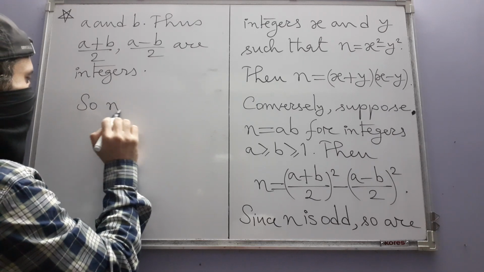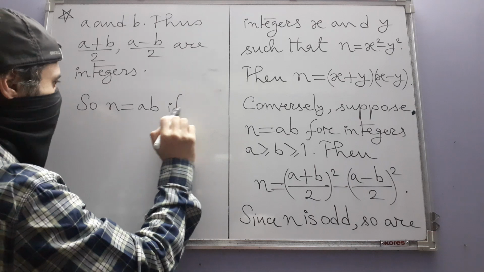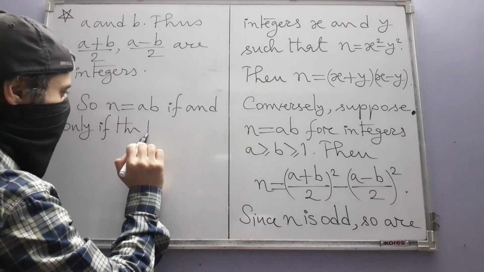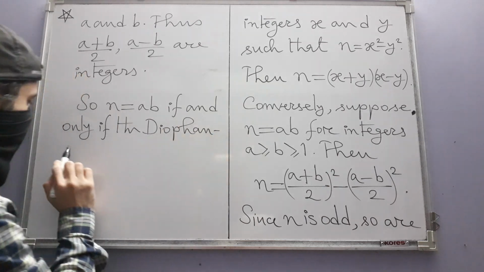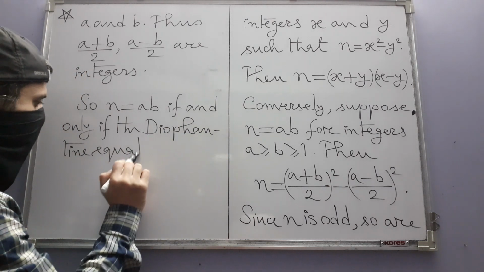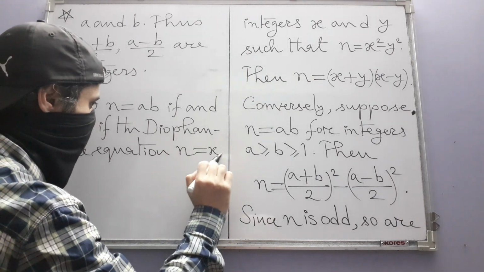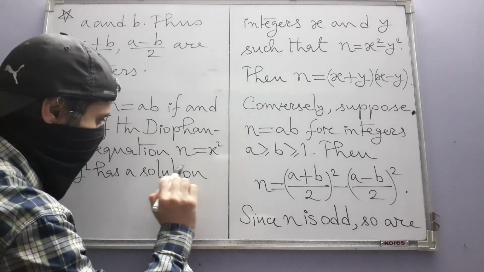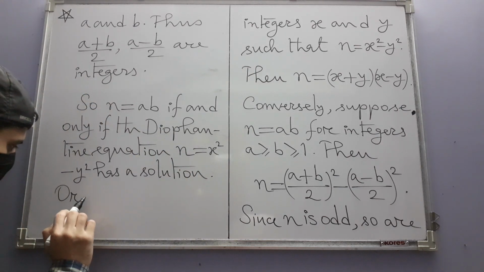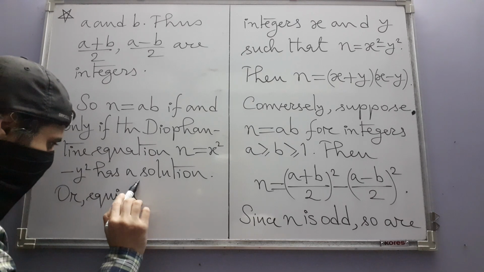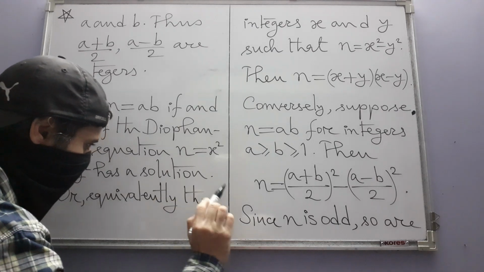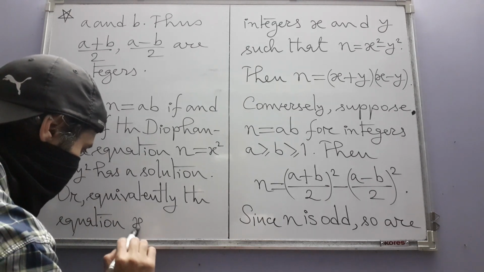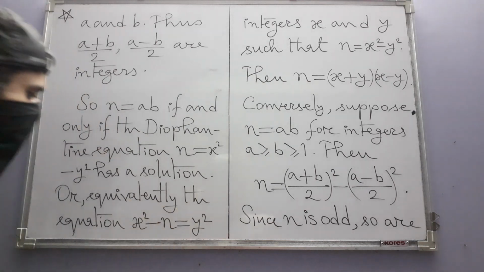So n is equal to ab if and only if the Diophantine equation n equals x square minus y square has a solution, or equivalently the equation x square minus n equal to y square has a solution.